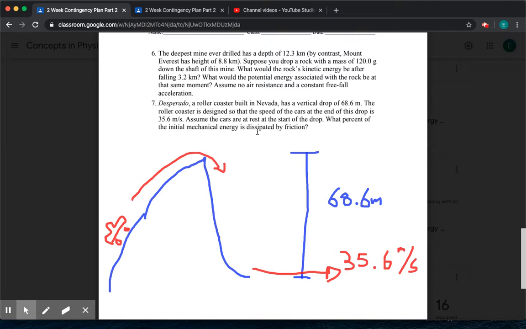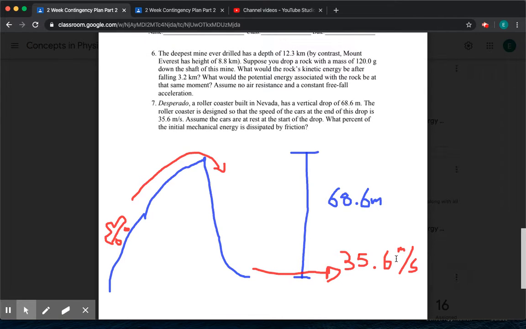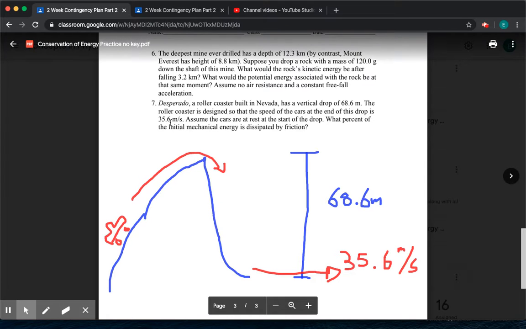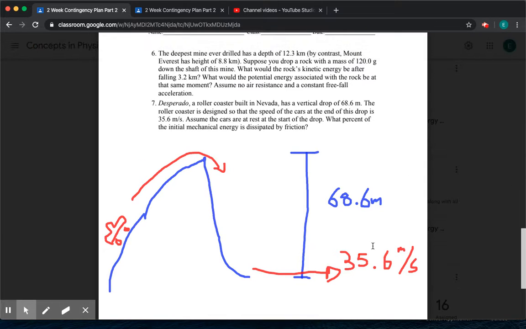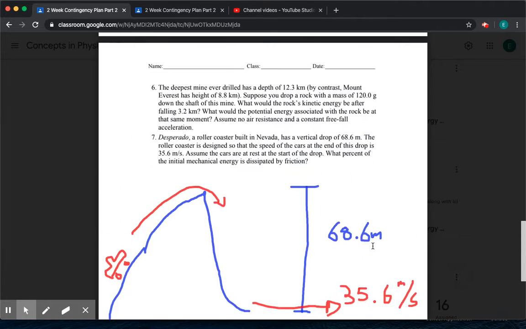What this is telling us is that this 35.6 meters per second at the bottom is not how fast it would be going if friction wasn't there. If friction was gone, this number would be higher. But they know that with friction, it's going to slow down to this. What we need to find is how much of that energy is being lost to friction. In order to do that, we need to know how much energy is in the system total.